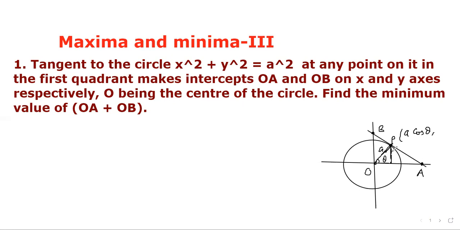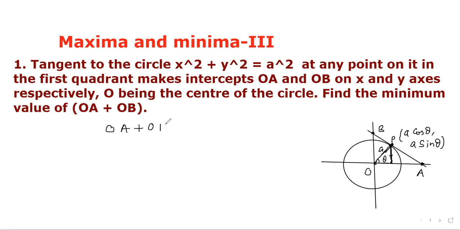Similarly, this y point can be found by perpendicular upon hypotenuse, that will be a sine theta. So we have found the coordinates of point P where the tangent touches the circle. We have to find out the expression for OA plus OB.